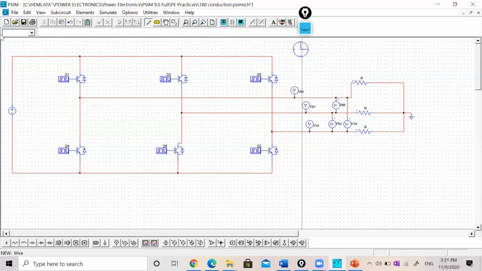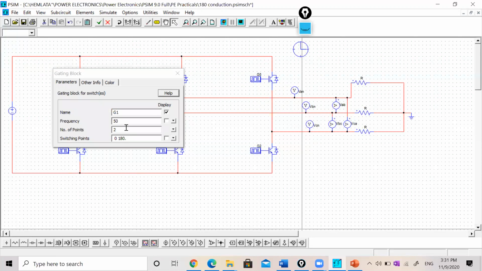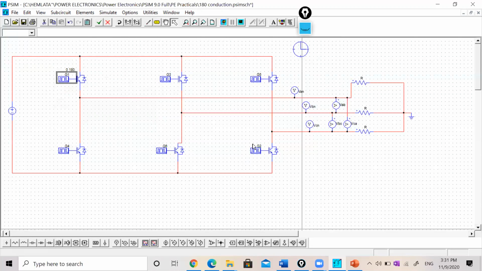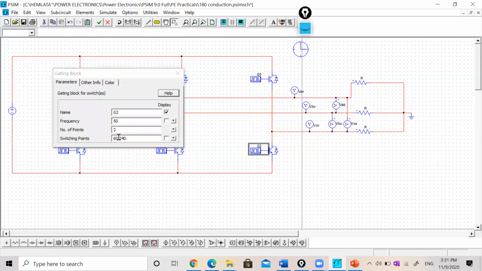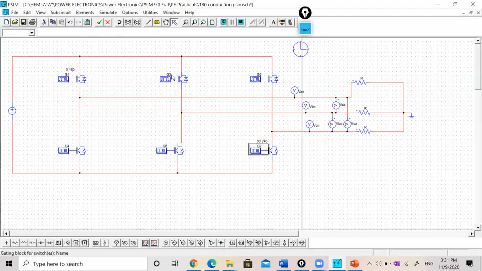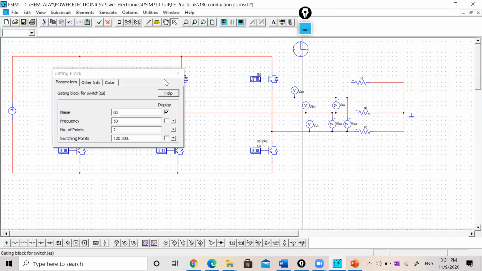Gate pulses will be just like 0 to 180 degree. The second gate pulse will start from 60 and end at 60 plus 180, that is 240. Here we are following the principle that the phase difference between two transistors switching on is 60.